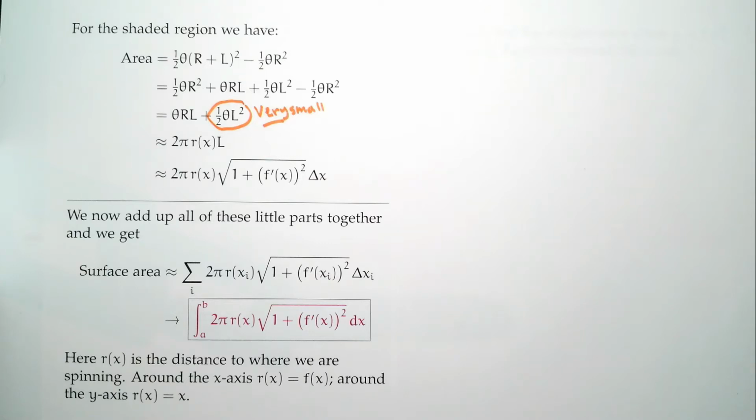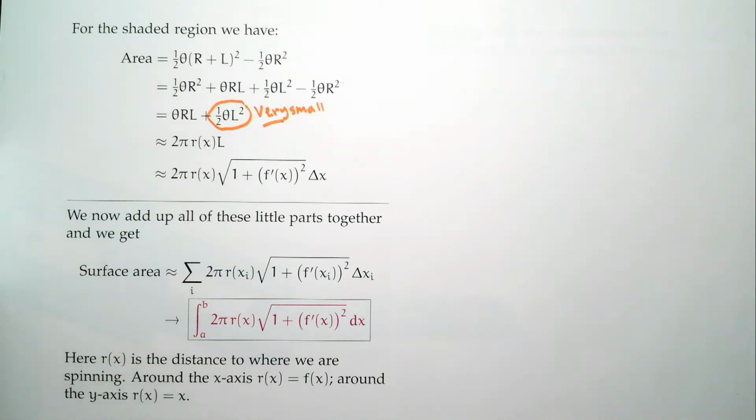The approximation becomes an equality. And so we have that the surface area, when we spin the curve f of x around some line, is found by taking the integral from a to b of 2 pi r of x square root of 1 plus f prime of x squared dx.